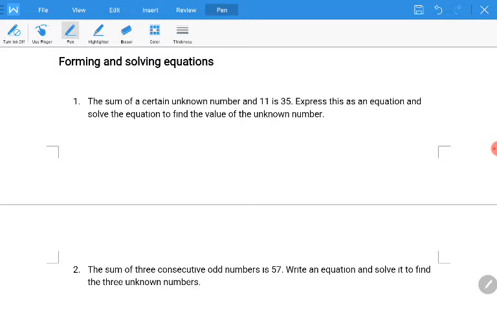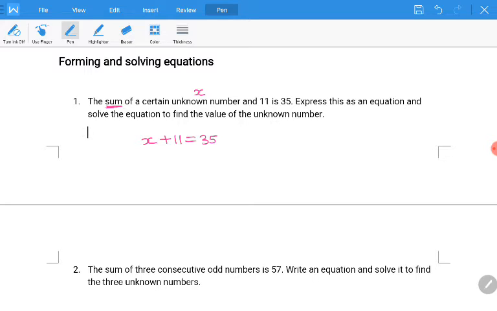So this unknown number, we will call it x. If we write what this statement is saying mathematically, some will tell us that we are adding, so it's x plus 11 is equal to 35. We have formulated an equation.